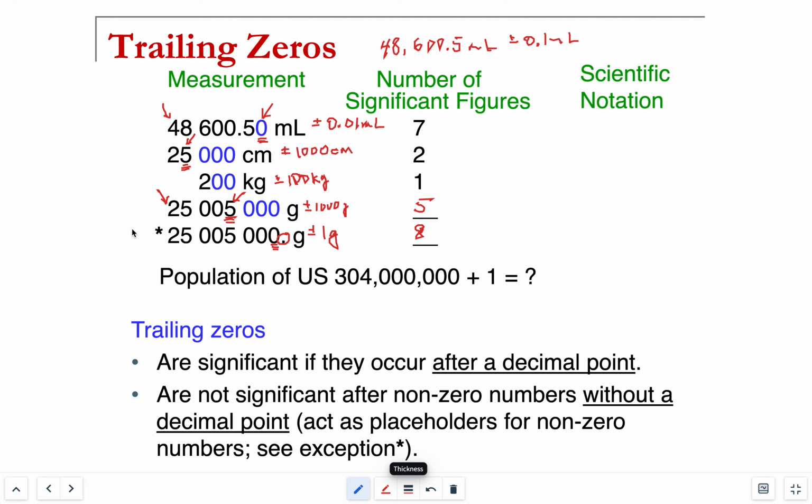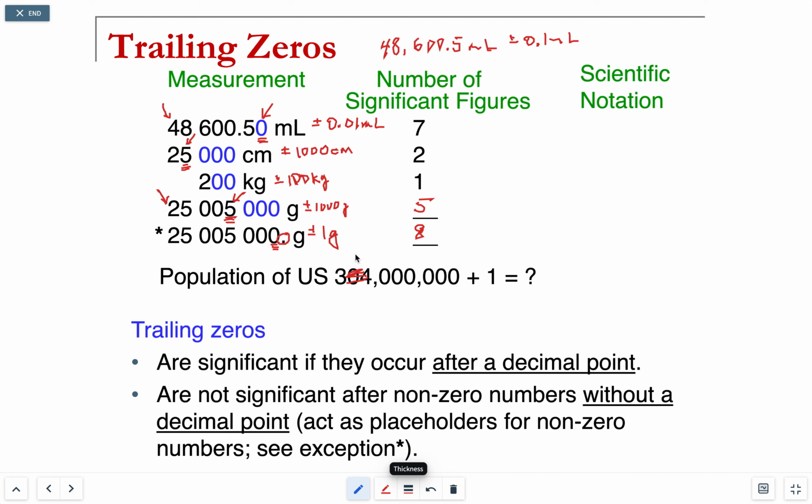Now, we're going to get a little ahead of ourselves here, but let's look at an arithmetic operation which will further illustrate what we mean by the information content and the uncertainty in a measurement. The population of the U.S., this is dated, so our best estimate today is about 335 million.